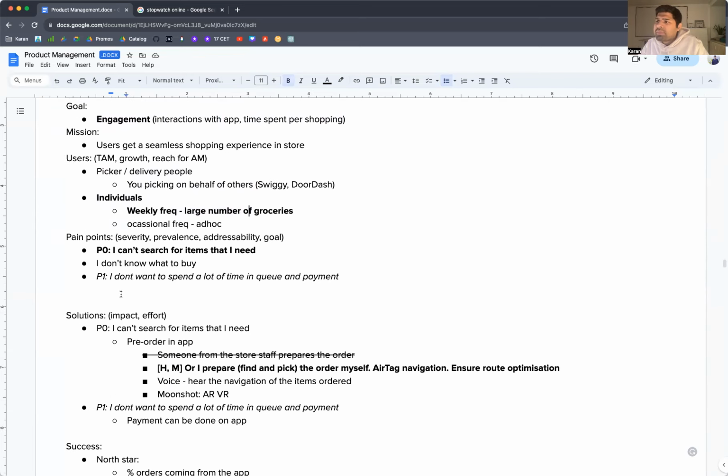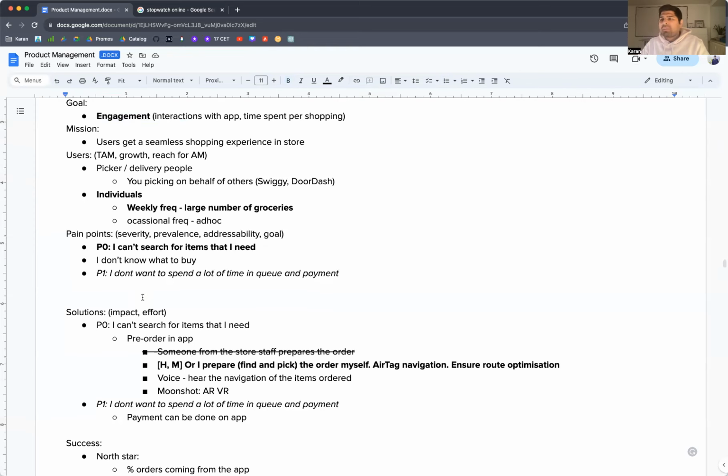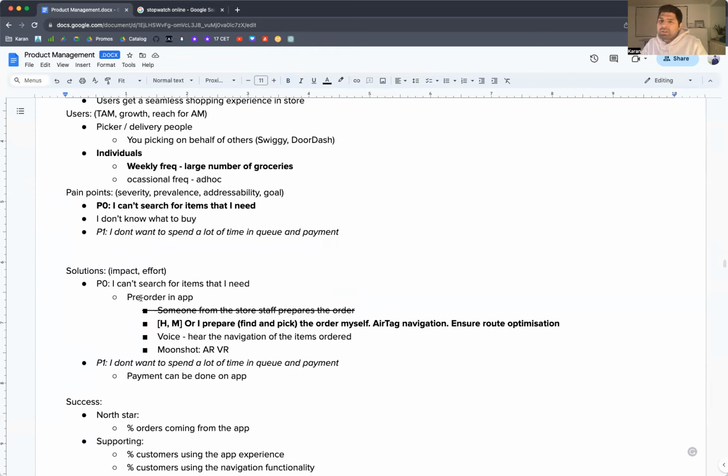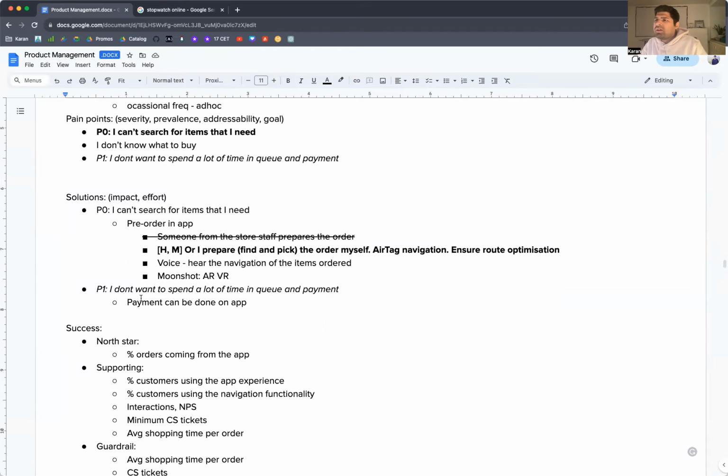And we looked at multiple pain points, prioritized the pain point of not being able to search items in a timely manner, and just being fed up with the overall process. And it's a repetitive process. So having that seamlessness and efficiency is going to be critical. Otherwise, as Walmart, I might risk churning our customer.